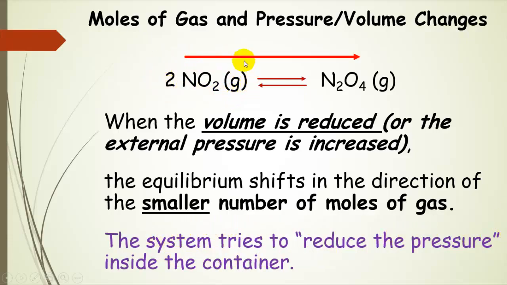Each individual gas molecule bumping against the walls of the container creates that pressure. If the system can reduce the number of hits by dimerizing, by sticking two of these molecules together to only have one, then it can reduce the pressure inside the container. So it's trying to undo what we did. We decreased the volume by increasing the external pressure, and the chemical system is going to try to reduce that pressure.